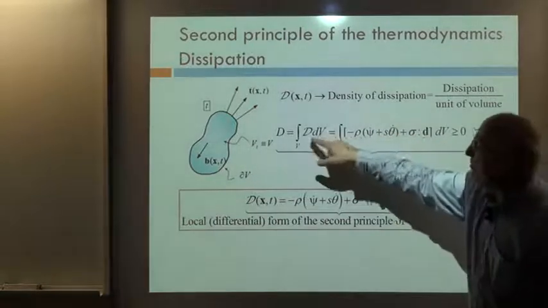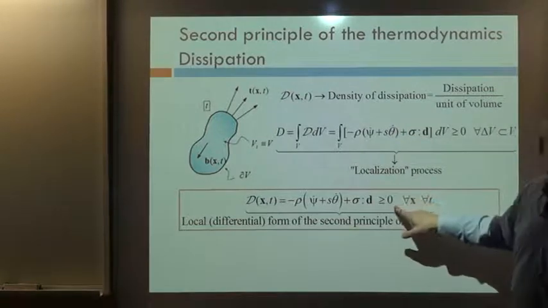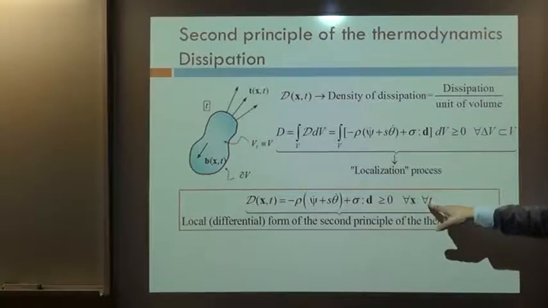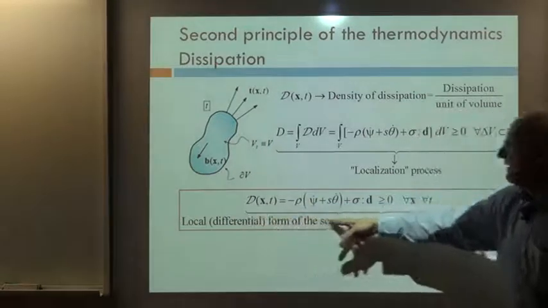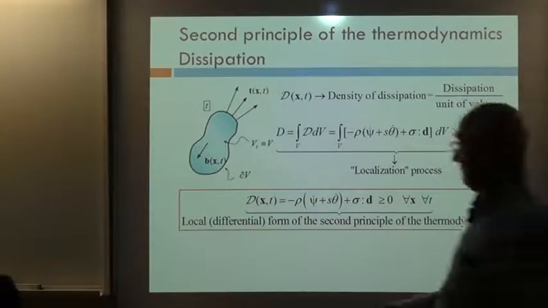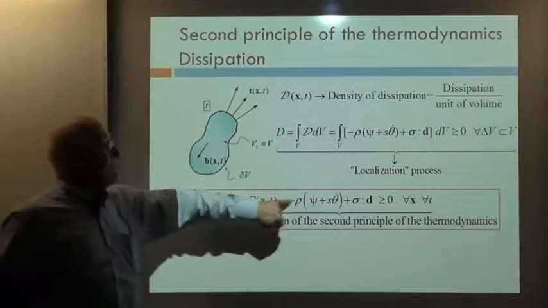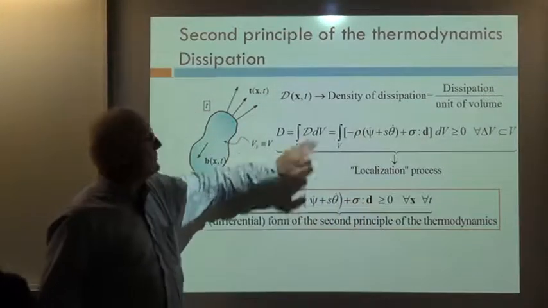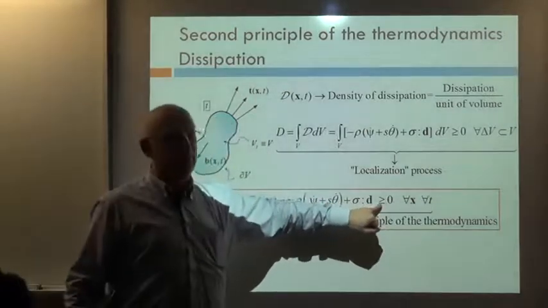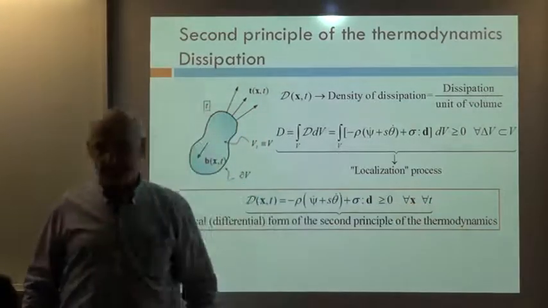So at every point of B, this is equal to this and has to be greater than 0 for all points and for all times. And this is what we call the local form of the second principle of thermodynamics. The density of dissipation can be expressed in that way. Look, no integral is now appearing, and it has to be greater or equal to 0 at all times and at all points of the space.